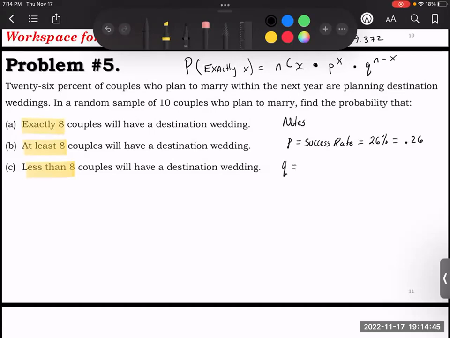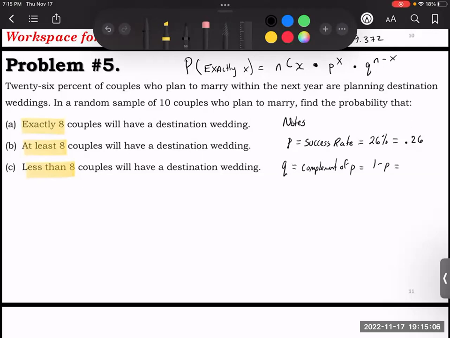Now q is always the complement of p. We consider it the failure rate. So I'll write it as the complement of p, so that's 1 minus p. So if p is 0.26, what do you think is the value of q?